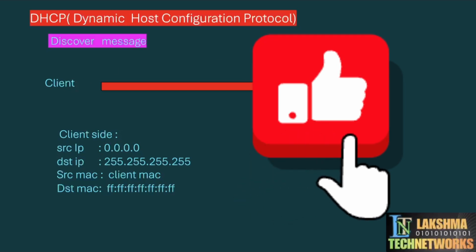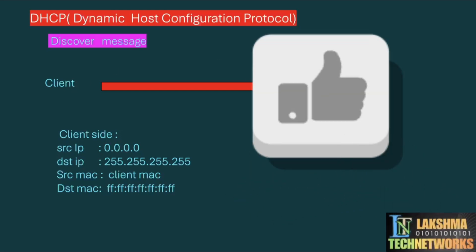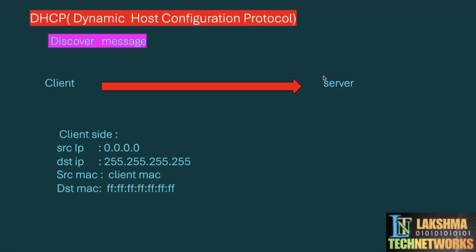The server is whatever DHCP server we have configured in our LAN network. We create the server configuration with the DHCP server name, DNS server IP address, the primary address and the secondary IP address. We need to provide that in the server configuration.